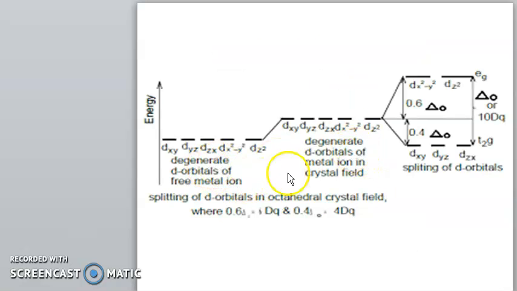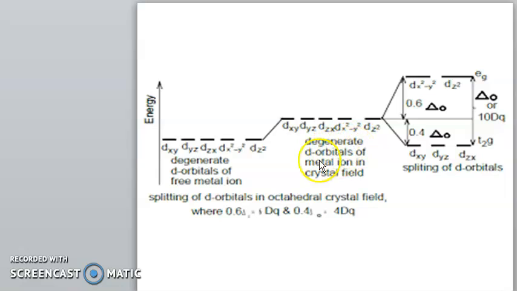Here is the split diagram of the octahedral complex: dxy, dyz, dzx, dx square minus y square and dz square. These are the degenerate d orbitals of the free metal ion.